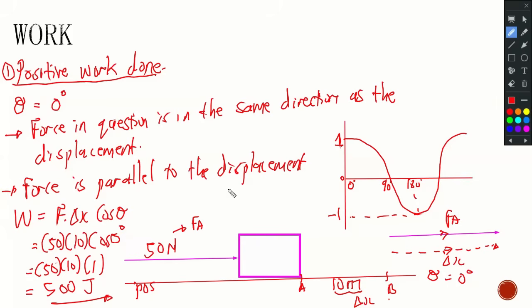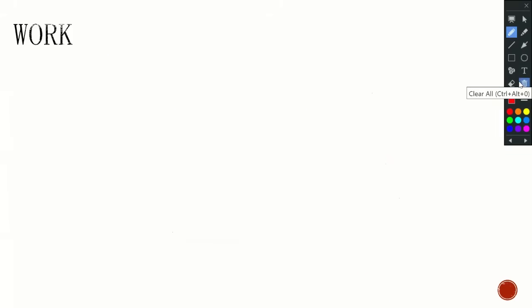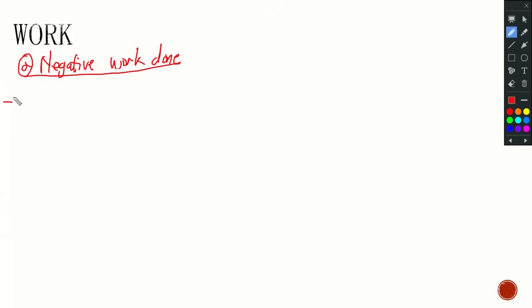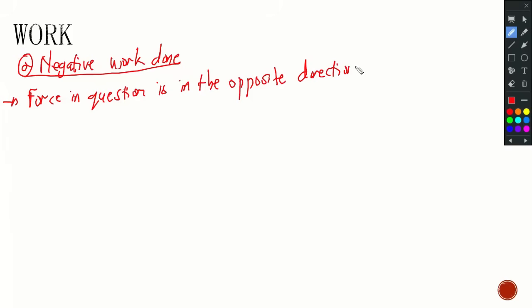Okay, now let's proceed. We have category number 2, which is negative work done. Now, when do we get negative work done? Negative work is done if the force in question is in the opposite direction of the displacement.